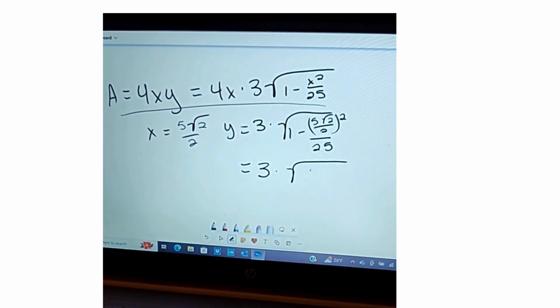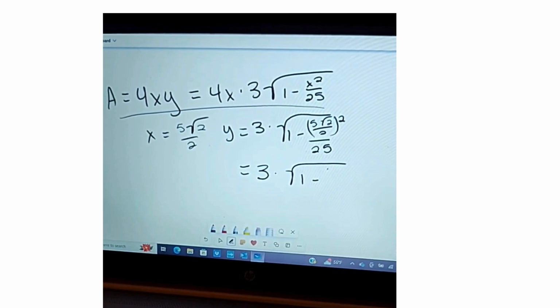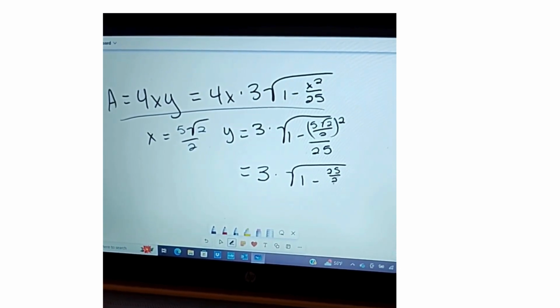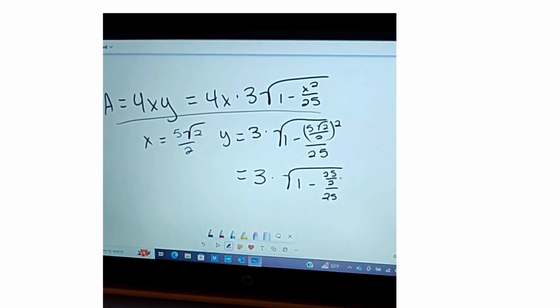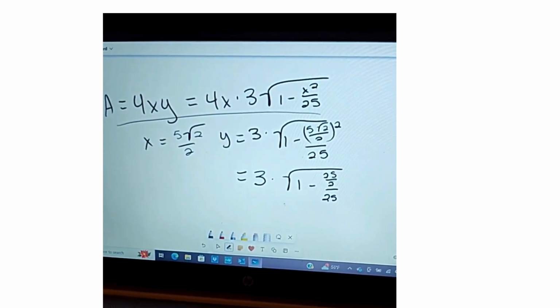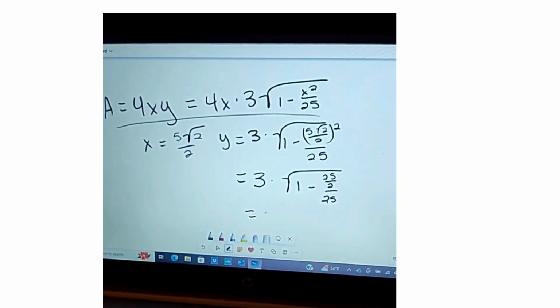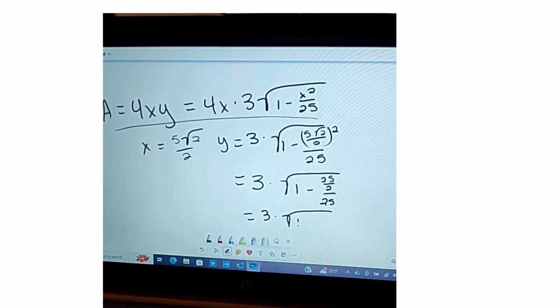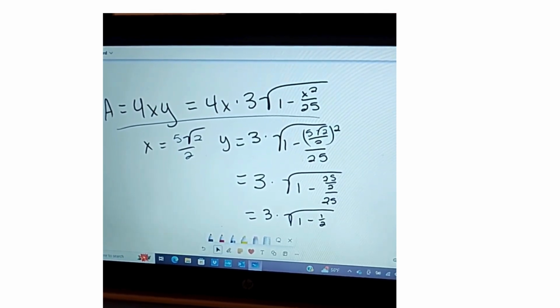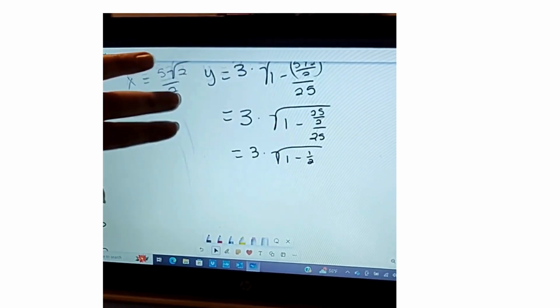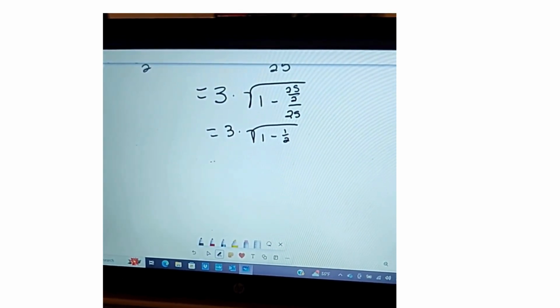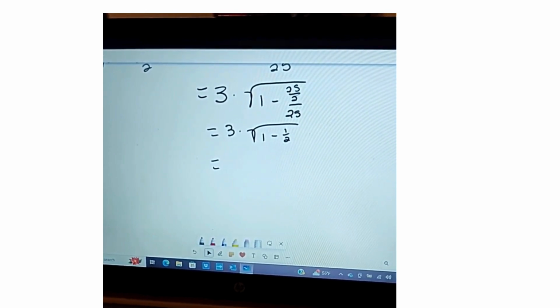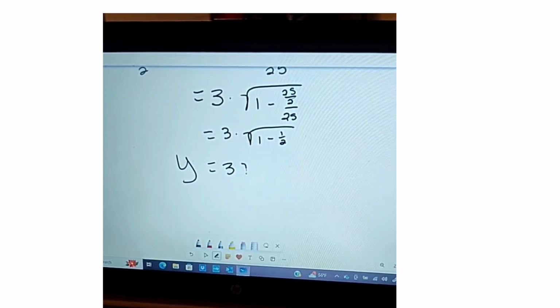So then we're going to do the basic maneuvers of algebra again. 3 square root of 1 minus 25 over 2 over 25. So then that can simplify to 3 times square root of 1 minus 1/2, which can simplify even more to y equals 3 square root of 2 over 2.